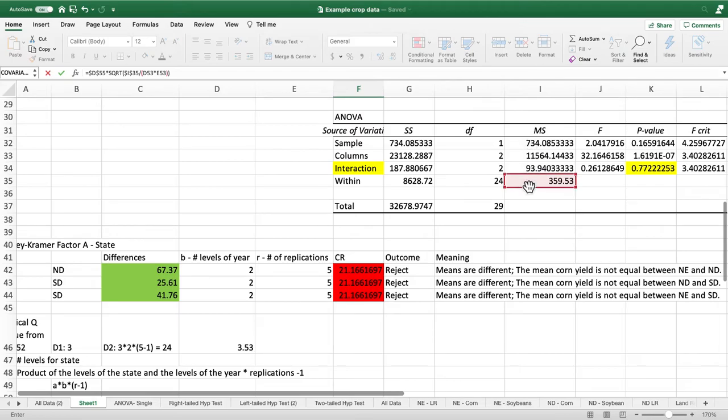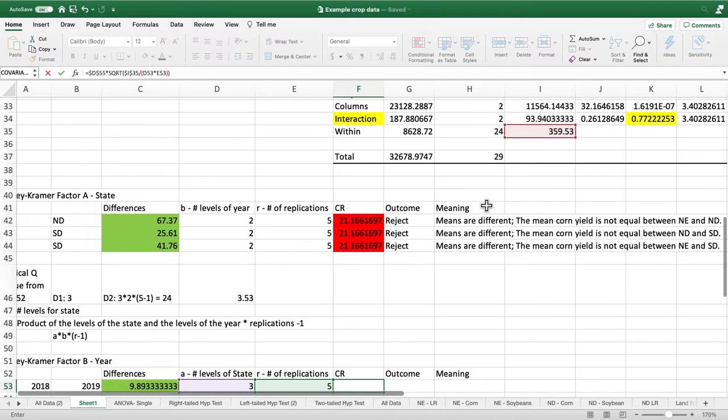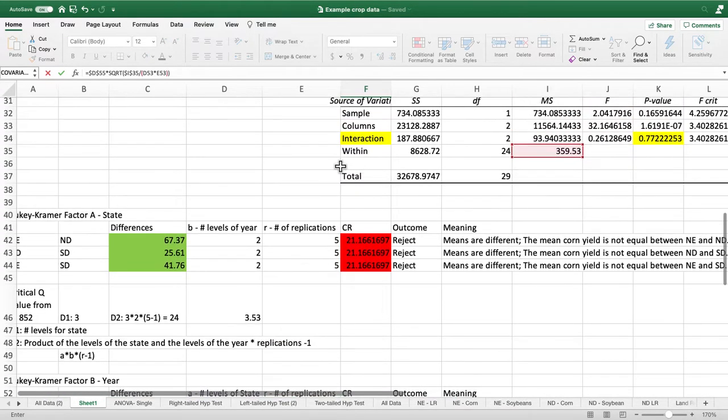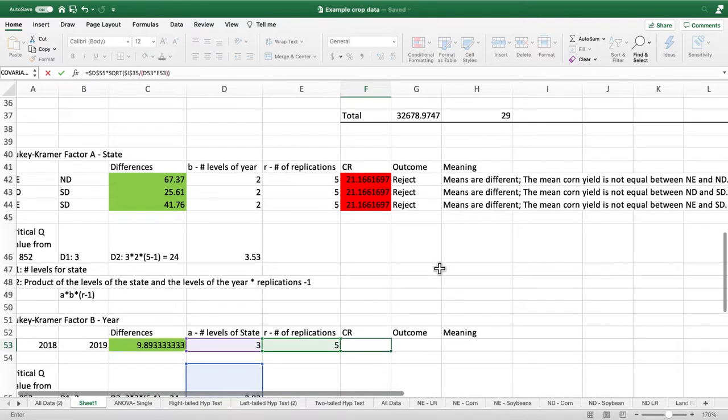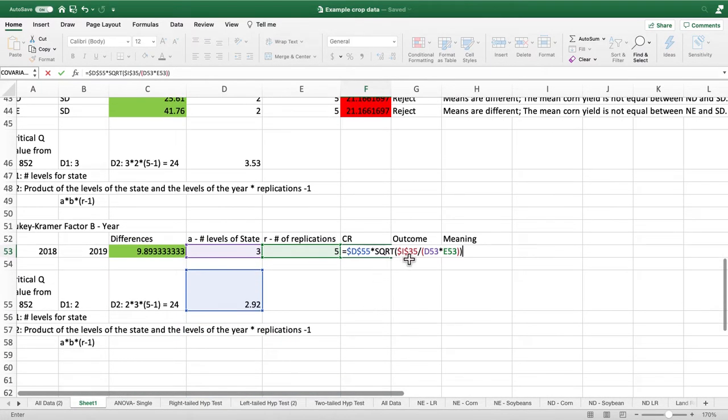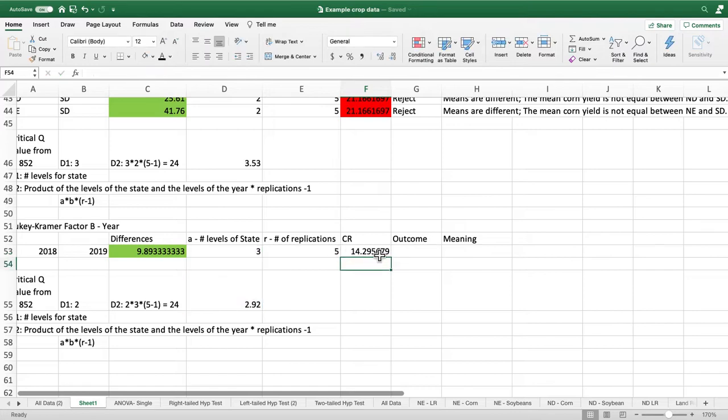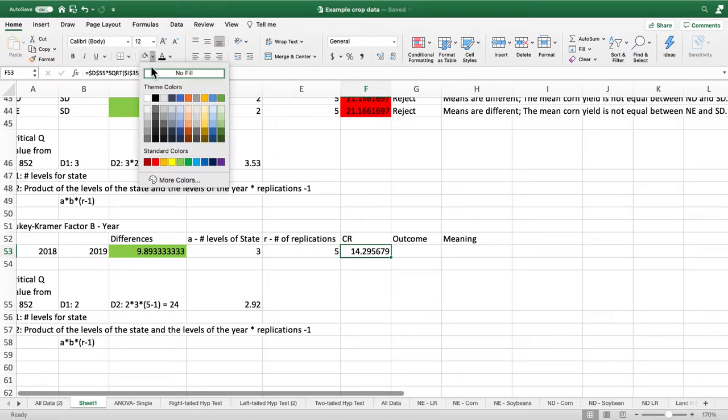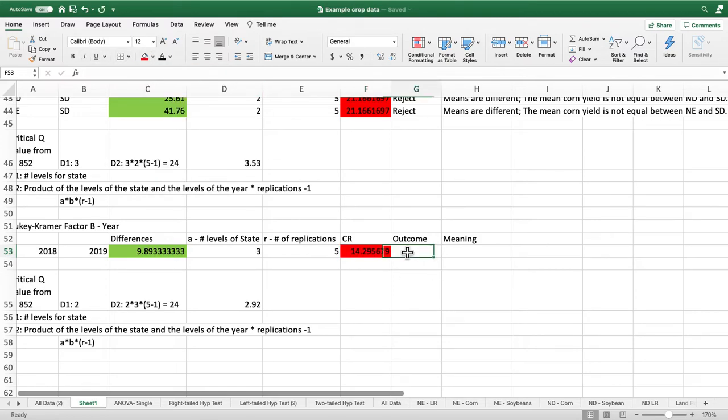So up here from the within interaction, or the within source of variance, and then all divided by our level of state times our number of replications, and we get 14.29.